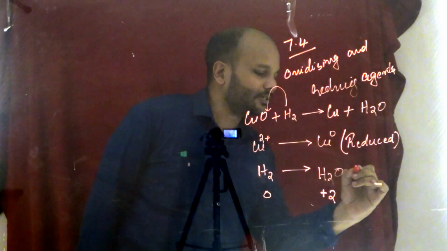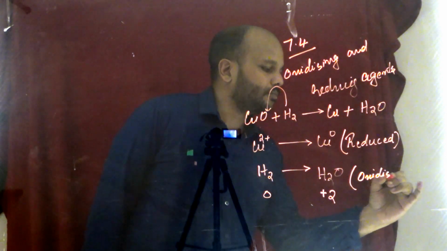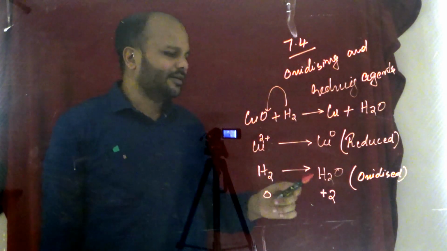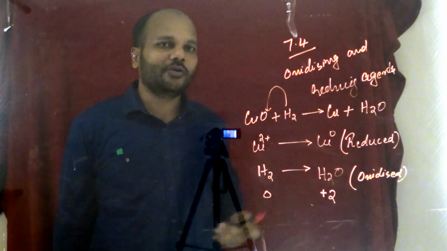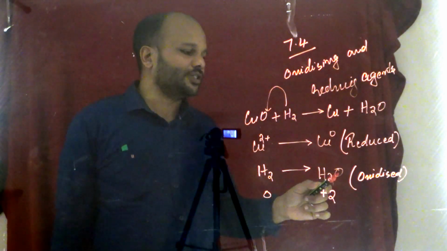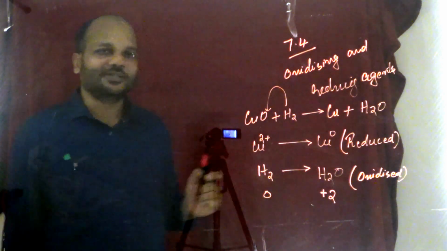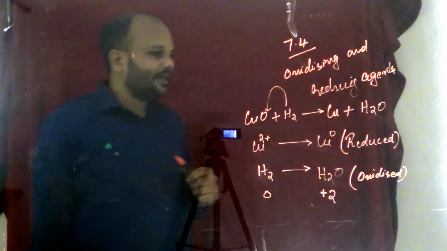So here it got oxidized, or simply we can say hydrogen got oxygen. Any addition of oxygen is going to be oxidation in nature, right? So I don't need to tell you so particularly.